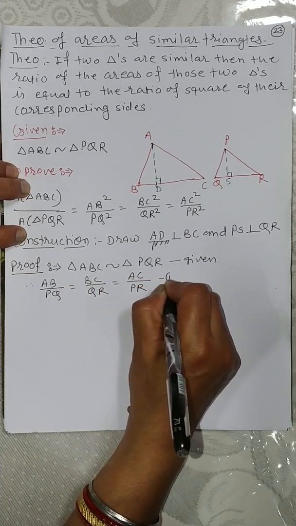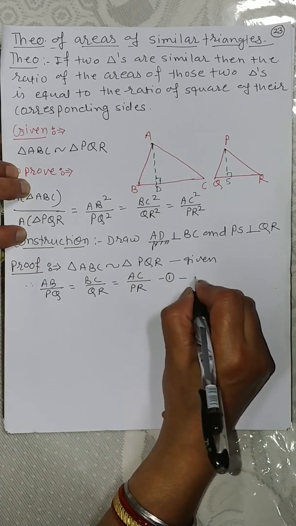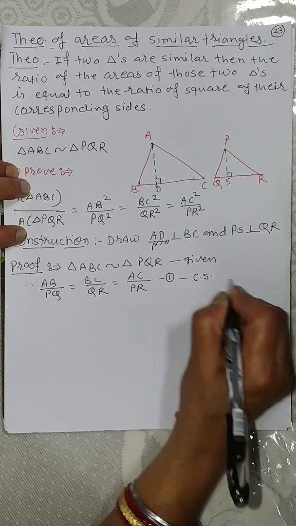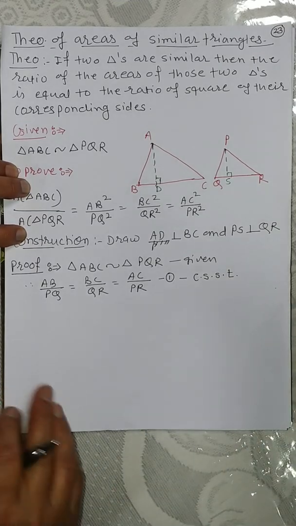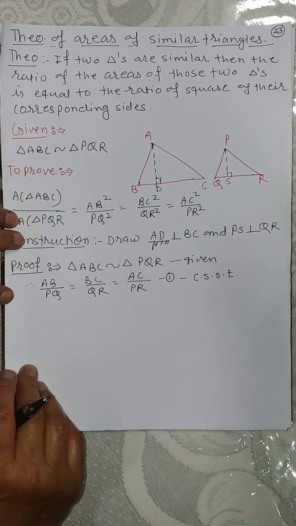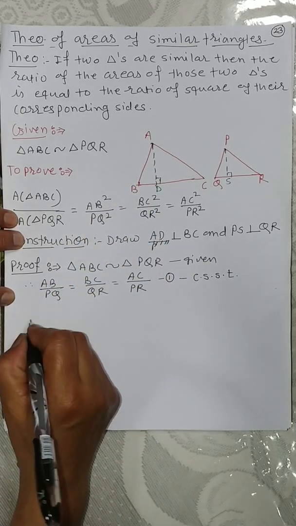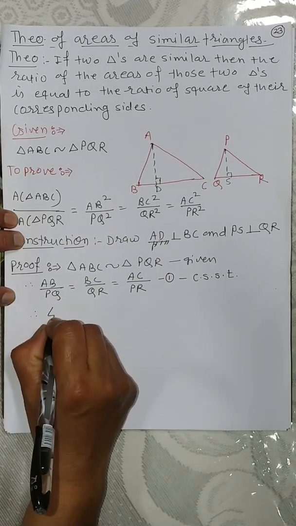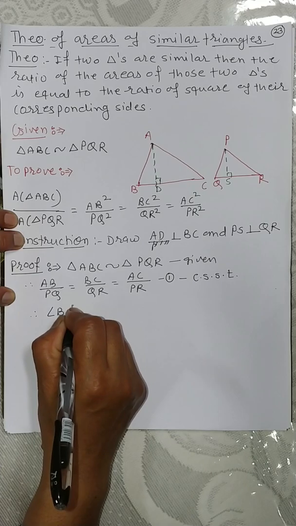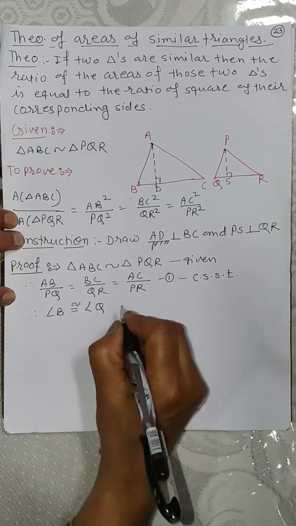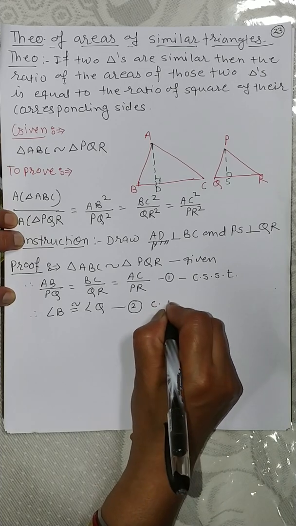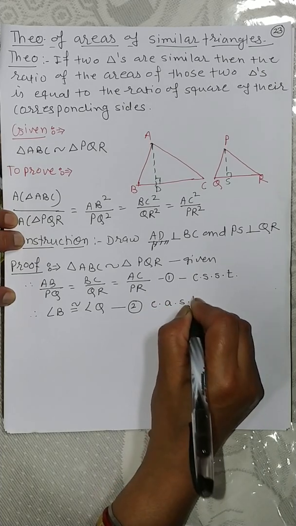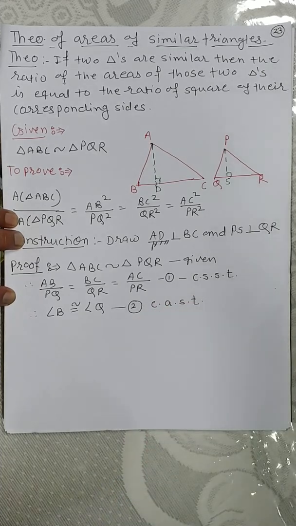Suppose this is statement number 1 and the reason is corresponding sides of similar triangles. Now similarly their corresponding angles are congruent, and therefore angle B congruent angle Q. This is statement number 2. The reason is corresponding angles of similar triangles.